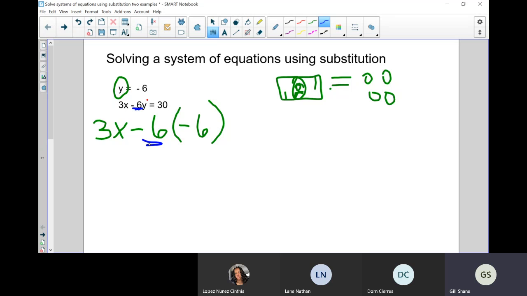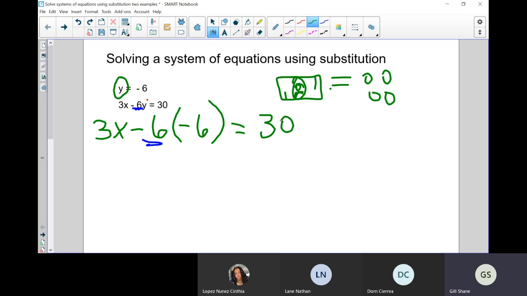I don't change that. You will never change a number. You will only substitute in for a variable. You're never going to change a number to a different number, not unless you're doing math on it. So continuing the problem, I just plugged in for y, and the last part of it is just 30.